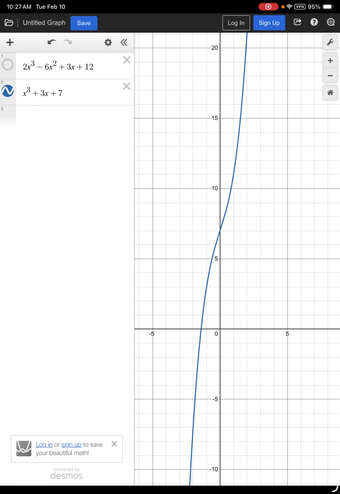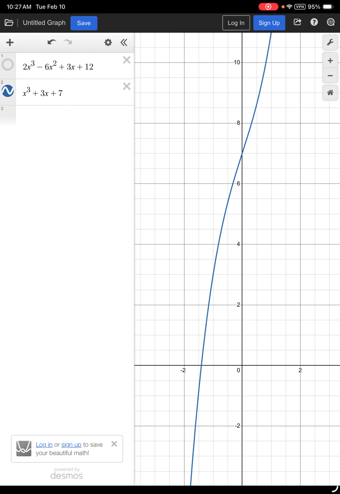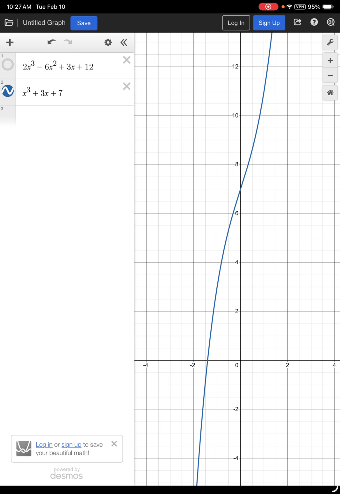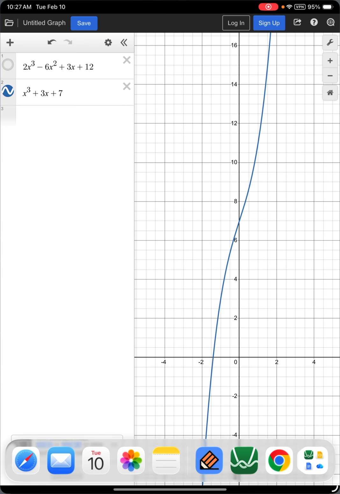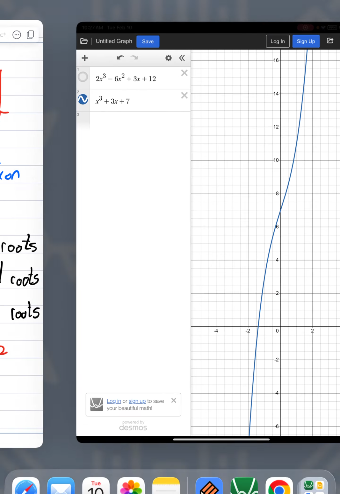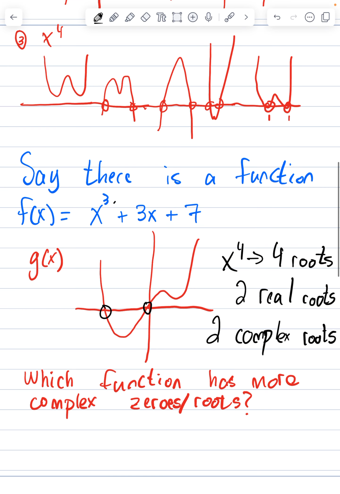I can see it only intercepts the x-axis one time, in between -1 and -2. So this has one real root, and it's supposed to have 3 roots because of the power 3. That means it has 2 complex roots for f of x.